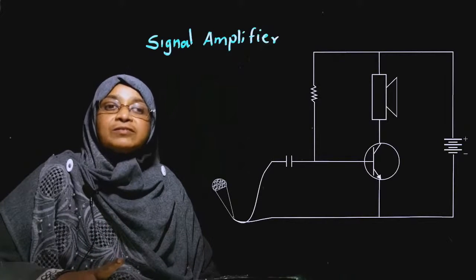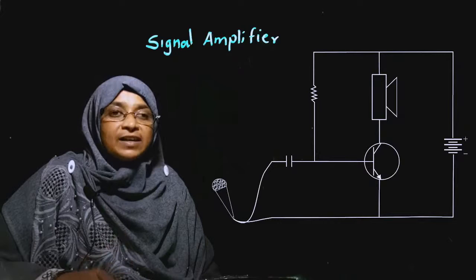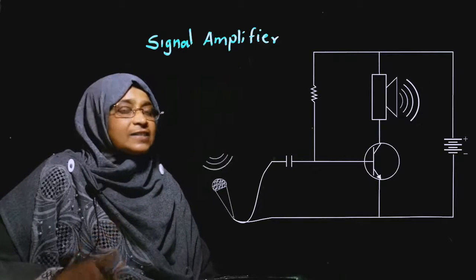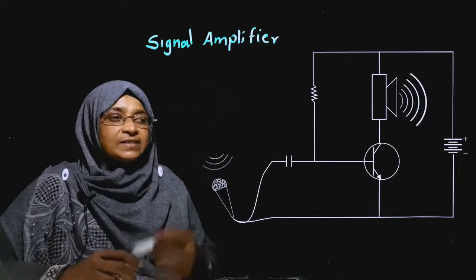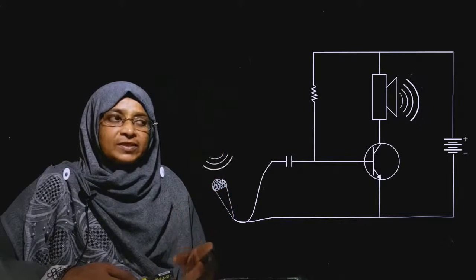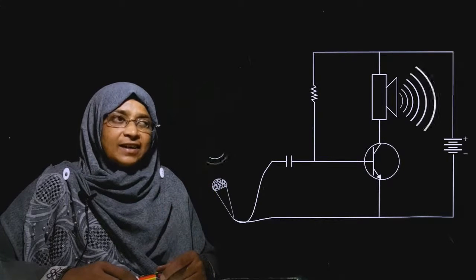transistors. As the transistor is a current amplifier, it can be used to amplify audio frequency signals. Here in this circuit, this smaller signal is amplified through the output circuit. In the output circuit, the speaker is connected.